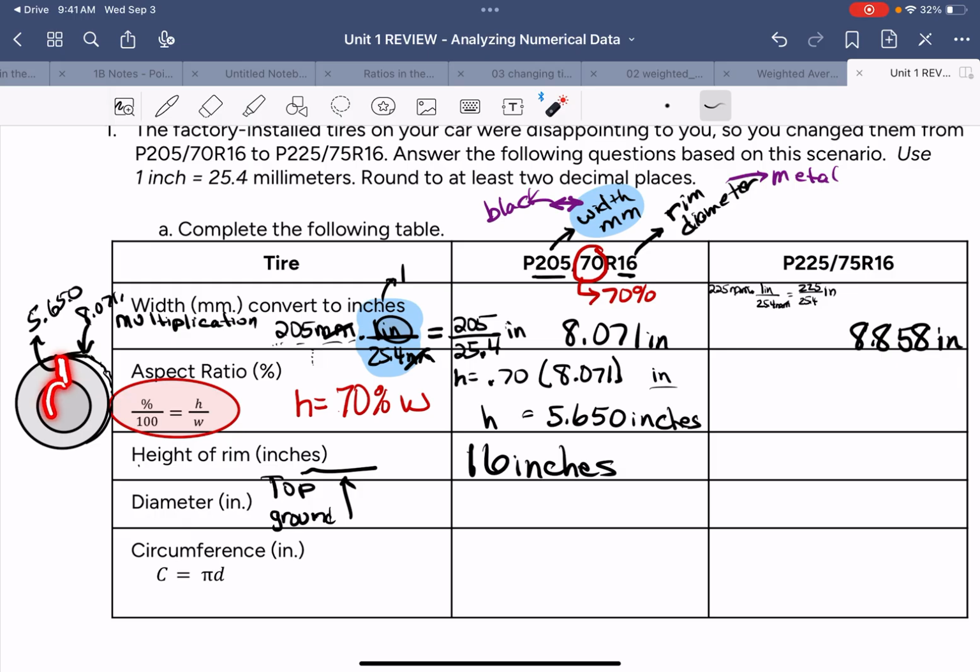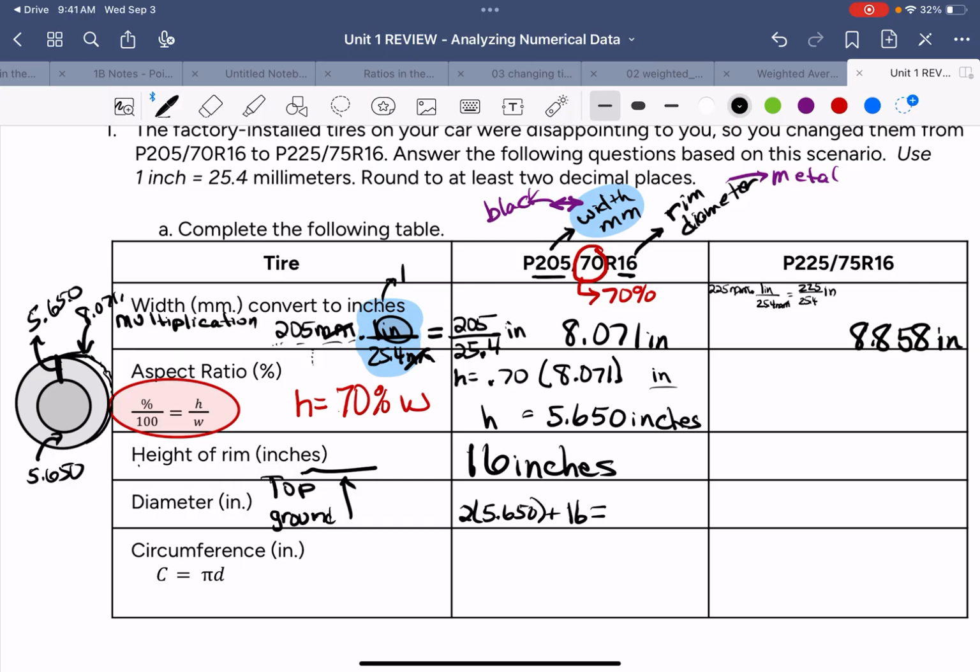Then we see that we have 16, but what else do we have to get to the ground? We have some more of that tire. We have another 5.650. So we have 2 of these plus 1 of the rims gives us the entire height.